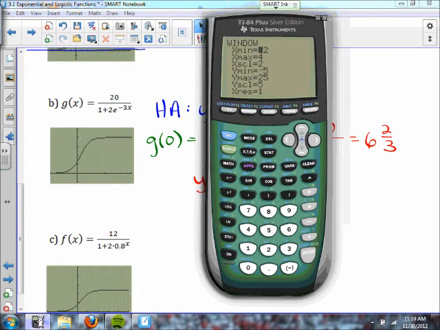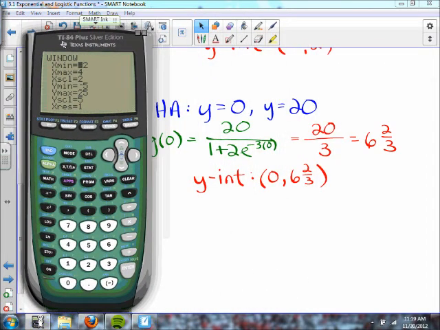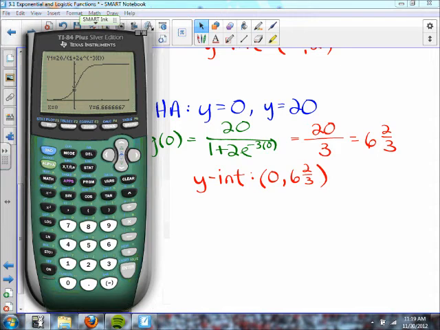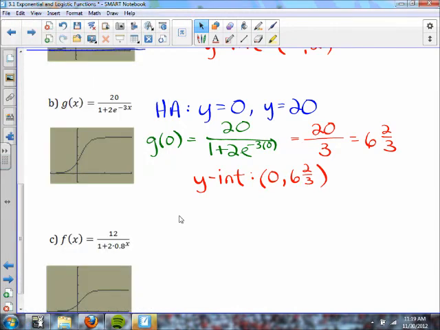Now we can check that on our graph. If we let x equal 0, you will get 6.666666666666667. All right, which is 6 2/3. Okay, so that does tell you your y-intercept is.